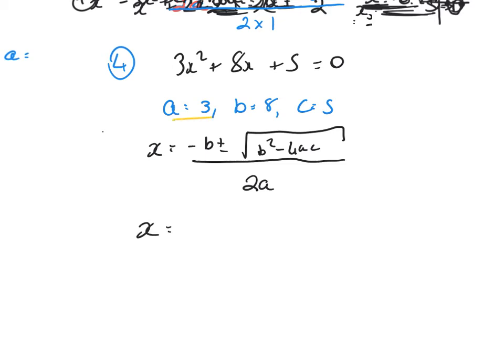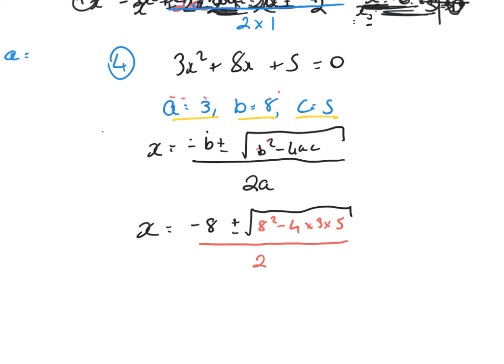Where I see a, I'll replace it with 3, where I see b, I'll replace it with 8, and where I see c, I'll replace it with 5. b is 8, so minus b must be minus 8 plus or minus the square root of b squared, so that's 8 squared, minus 4 times a times c, so minus 4 times 3 times 5, all divided by 2 times a, so that is 2 times 3.